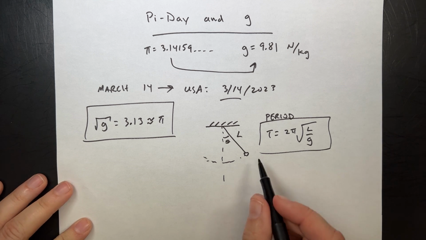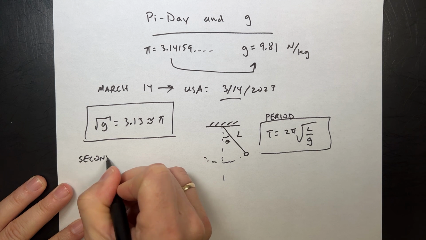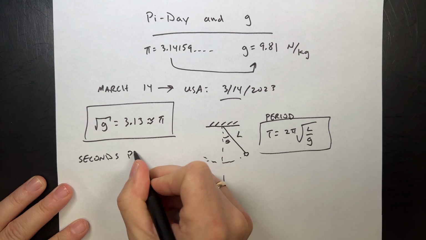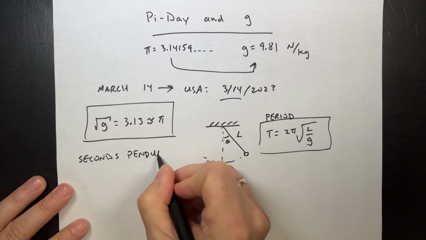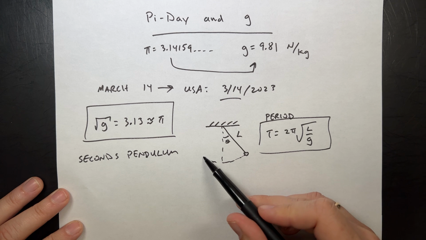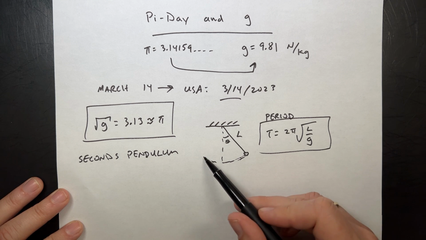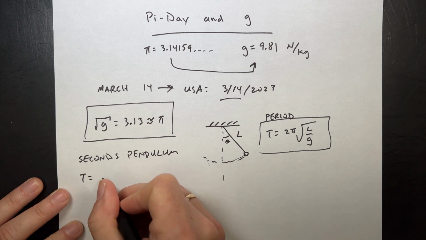So it turns out that this was used for what's called a seconds pendulum. That's one in which the mass goes from one side all the way over to there and back in 2 seconds. So it takes 1 second to go across. So T is 2 seconds.